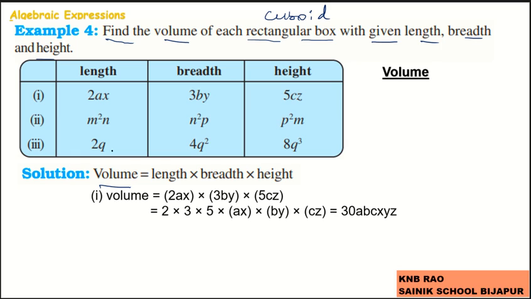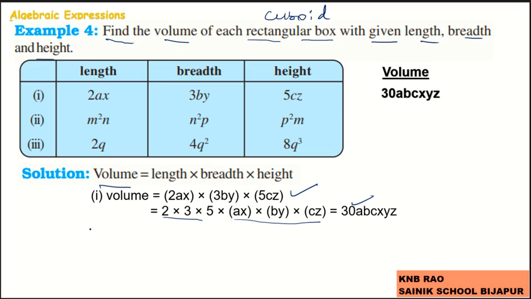For the first one, I am showing you as an example: the volume of a cuboid having length 2ax, breadth 3by, height 5cz will be 2ax into 3by into 5cz. So numerical parts are multiplied. 2 3s are 6, 6 5s give me 30, and the product of the variable portions ax into by into cz gives us abcxyz, and that becomes the volume.